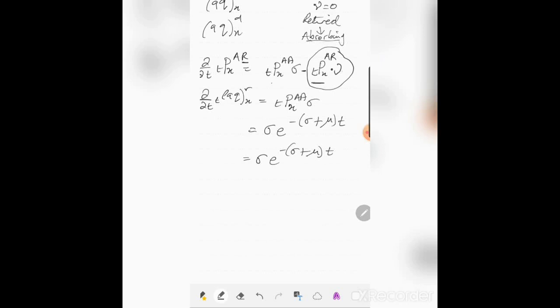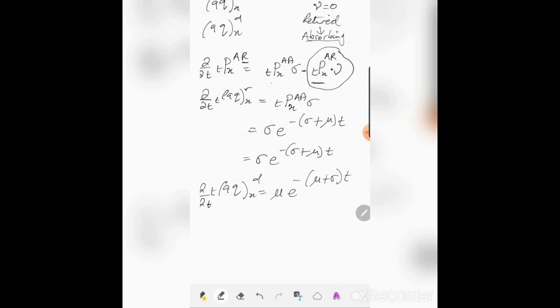And the same kind of solution I can get with respect to aqxd also. I'm getting a similar form for nu times e to the power of minus (nu plus sigma) t.